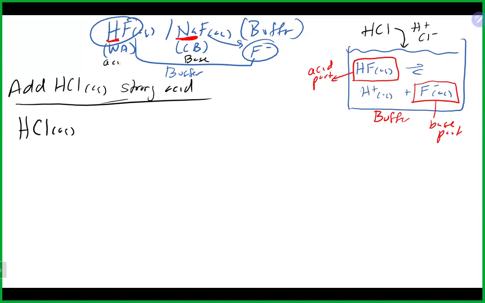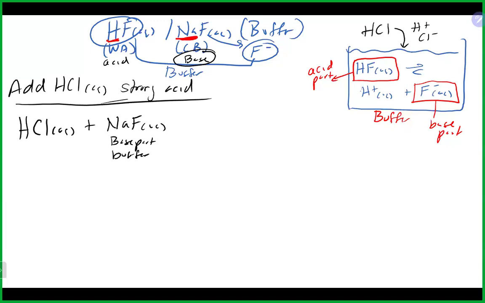It should react with the base part of the buffer, right? Because they're called acid-base reactions. So when I add HCl into my buffer, it's going to go find the base part of the buffer.